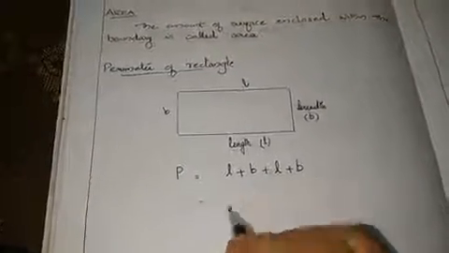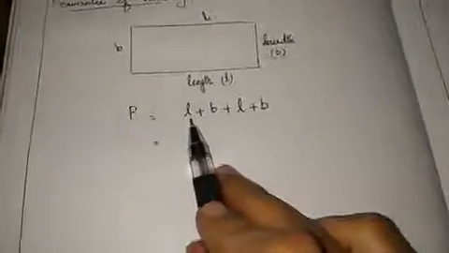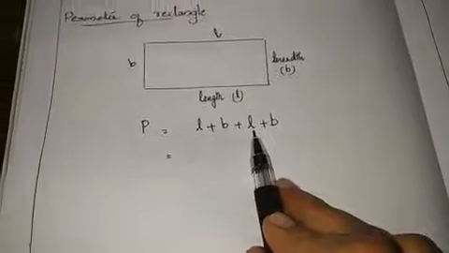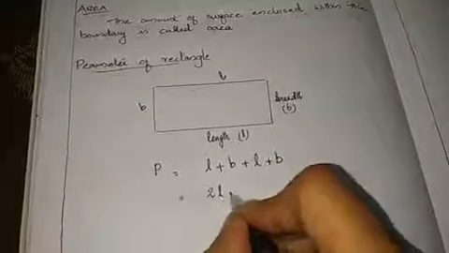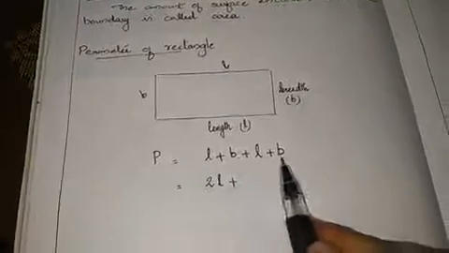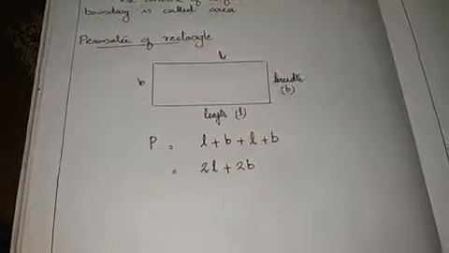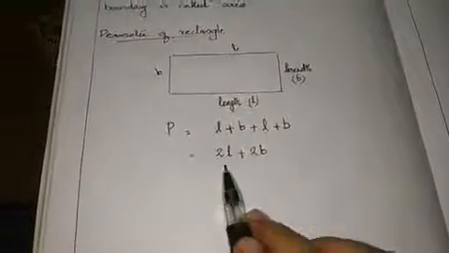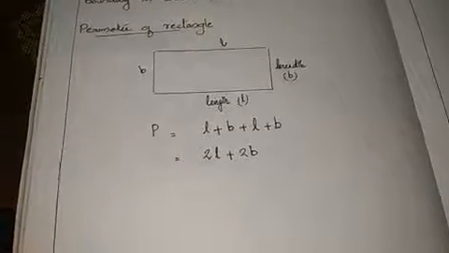Now when you check this, you can see L plus L, 2L, plus B plus B, 2B. Okay. Now in these two terms, you can see 2 is common.